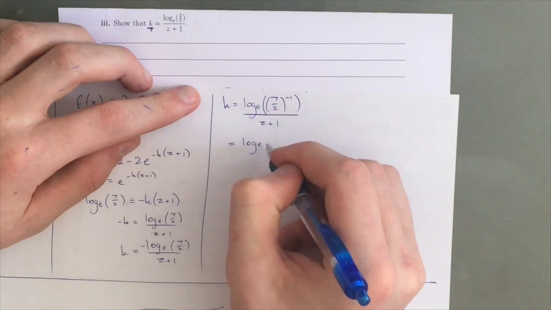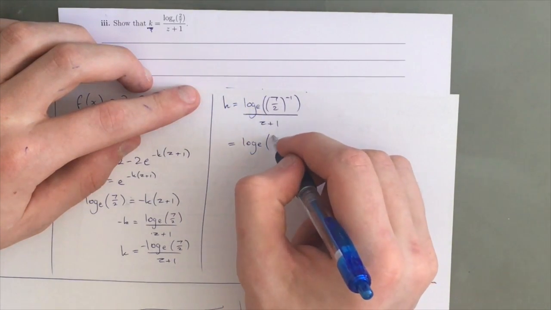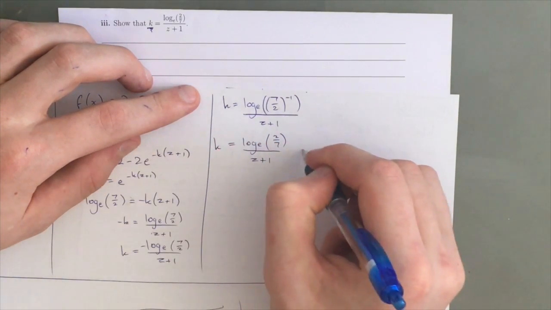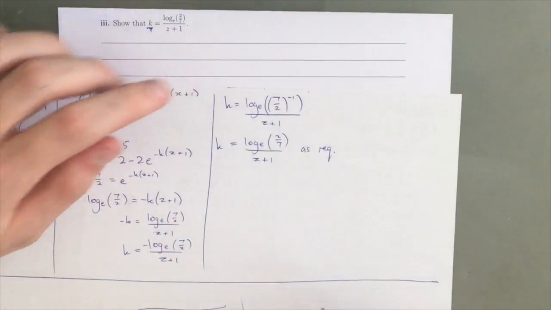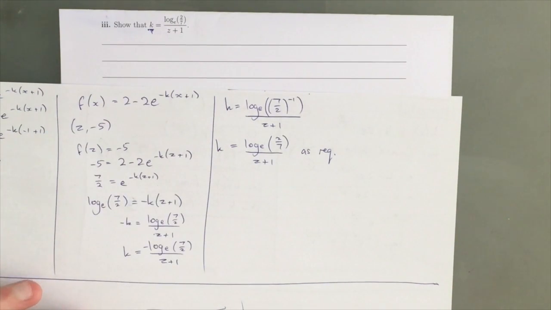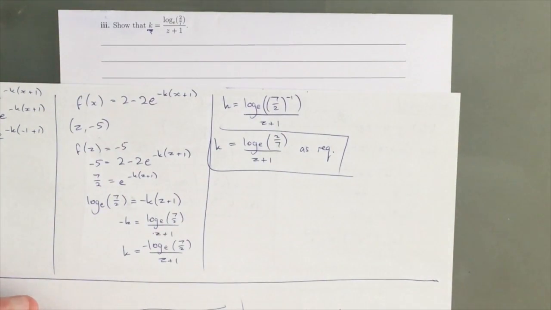And anything to the power of -1 is 1 over that number, which means that a fraction just flips, which makes it 2 on 7 over z plus 1. And I like to write 'as required', or 'as req', because it's a show that question. It's not necessary, but I personally do that. Awesome, so that's our final answer. K equals log e of 2 on 7 over z plus 1.